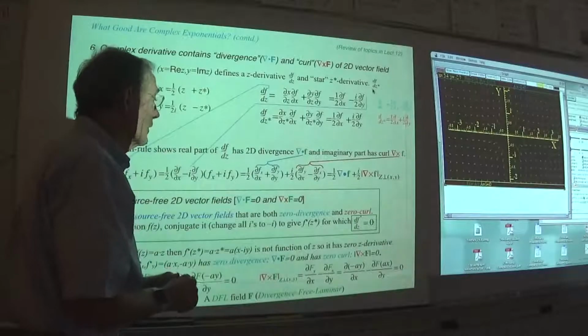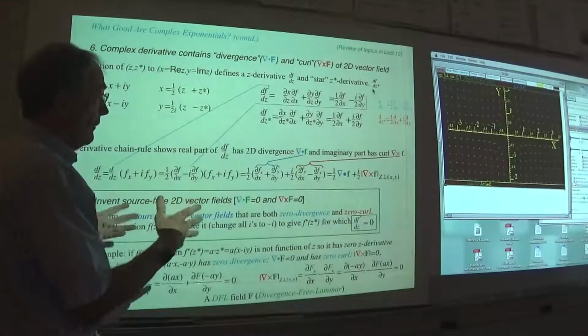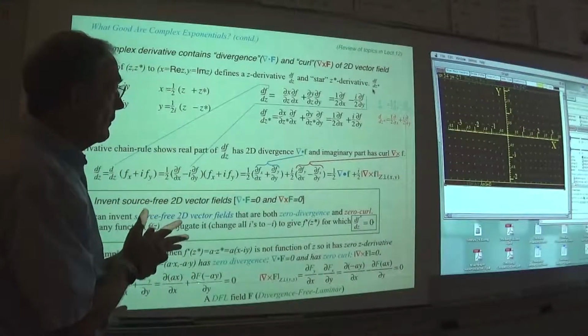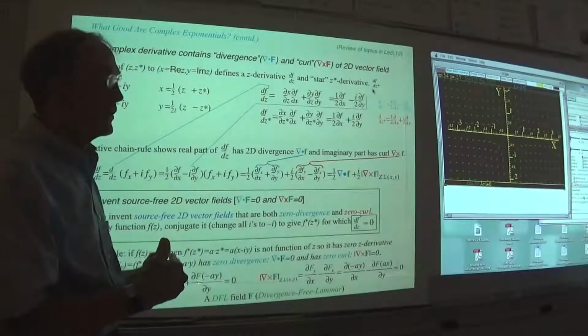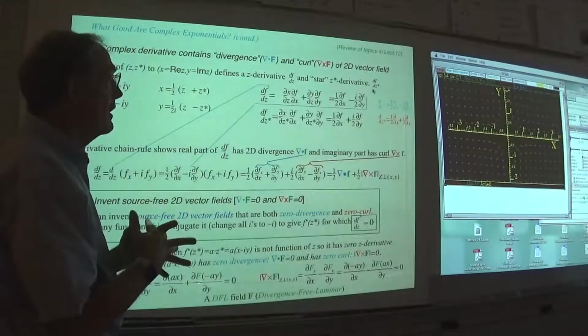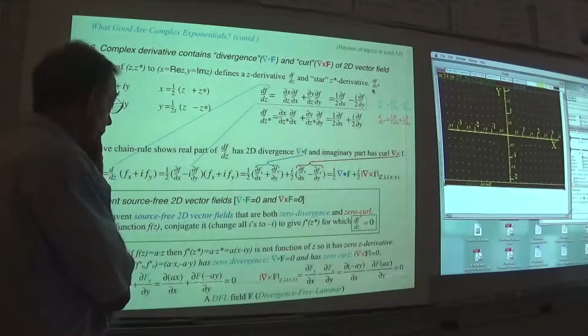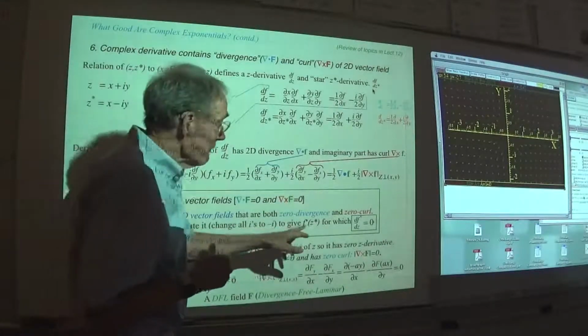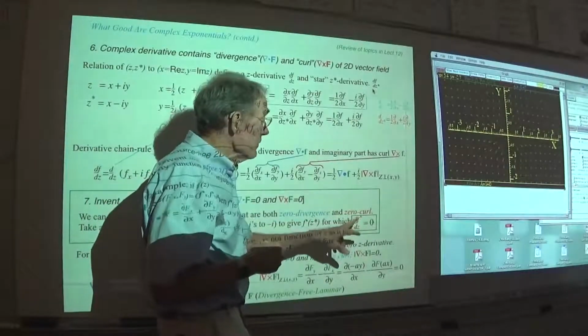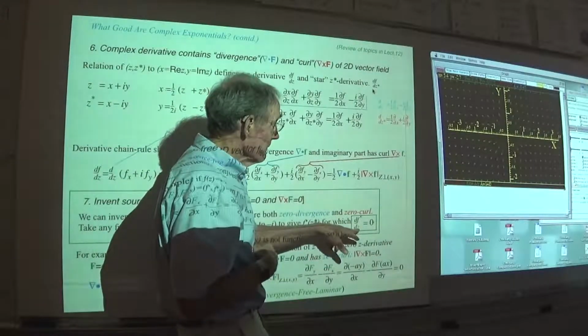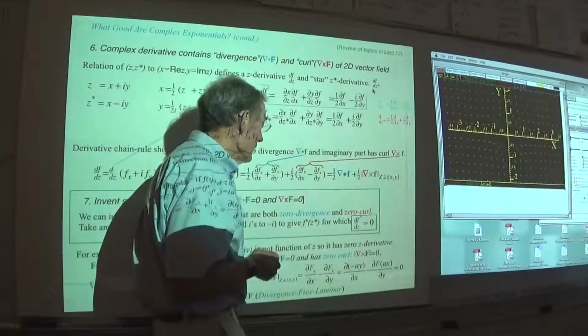So the whole theory that we're putting here that makes physics and mathematics, I think, more palatable in the complex domain is based on the idea of having a field that is not a function of z, that is this f star.